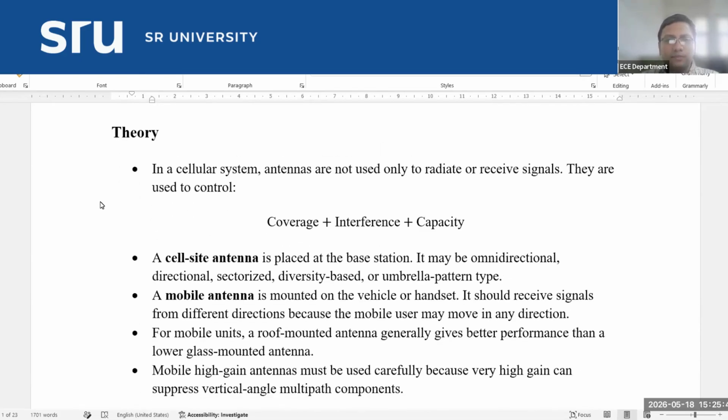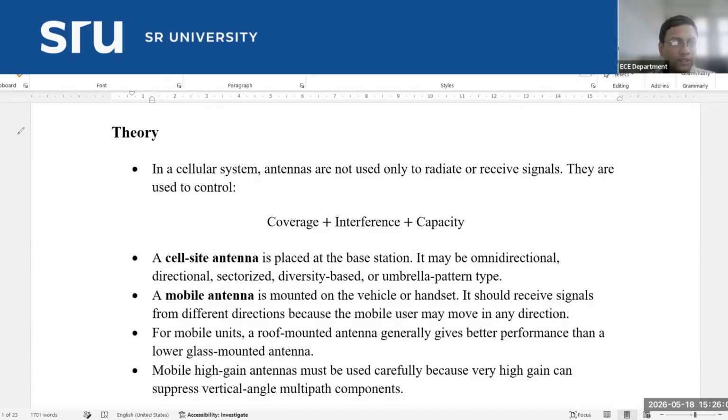In cellular system, we know that antennas are not only used to radiate or receive signals, rather they are used to control three aspects.